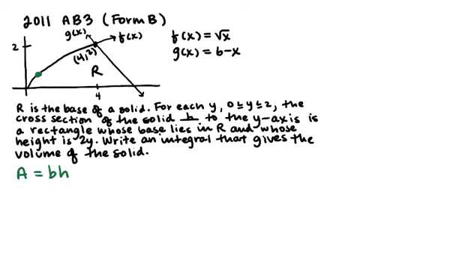Each cross section perpendicular to the y-axis is a rectangle whose base lies in R and whose height is equal to 2y. Well, I know that height equals 2y. That's one less thing to worry about. Base, I'm going to do right minus left.